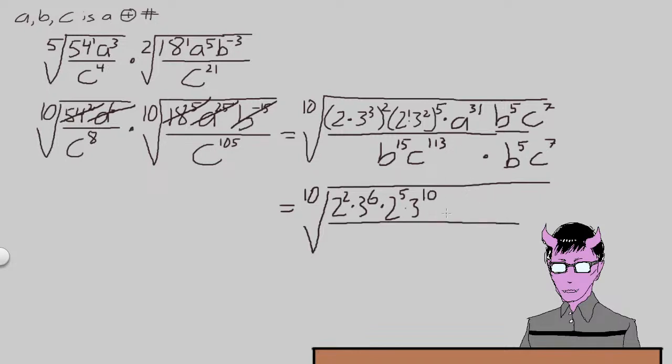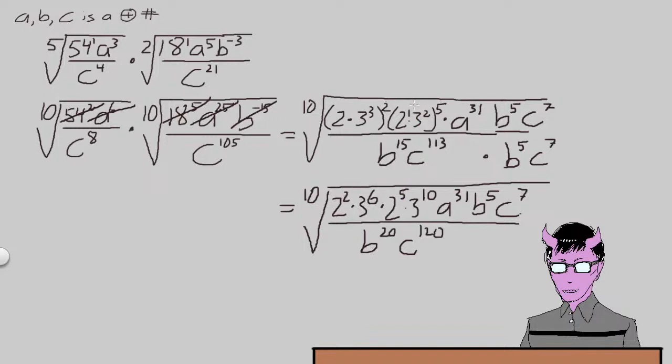Alright. I'm going to copy paste everything. And this is the one where we need to clean up. So b to the power of 20, c to the power of 120. Alright. There are still things to combine. Personally, when I'm doing this work, I would have distributed, and I would have combined them right there.